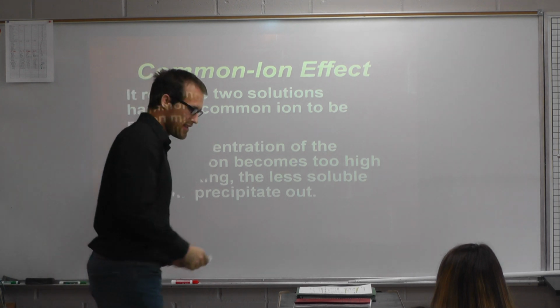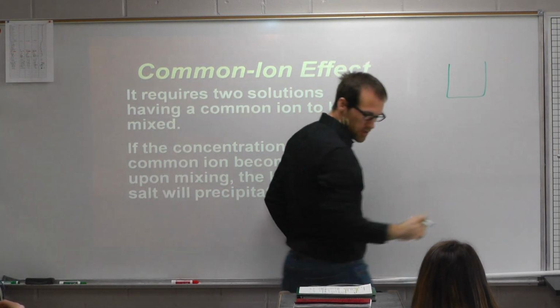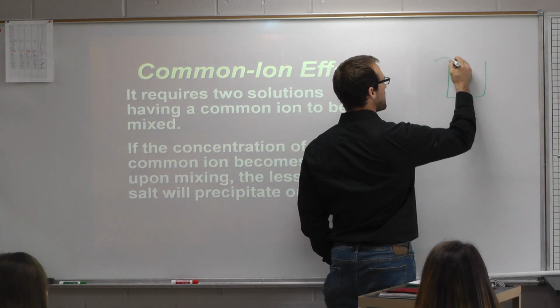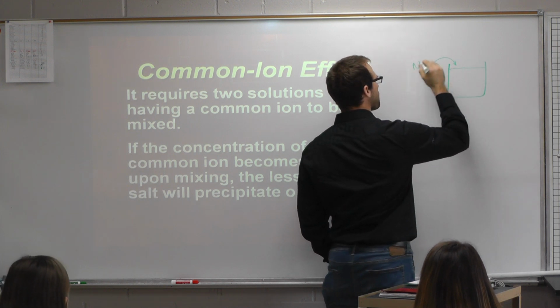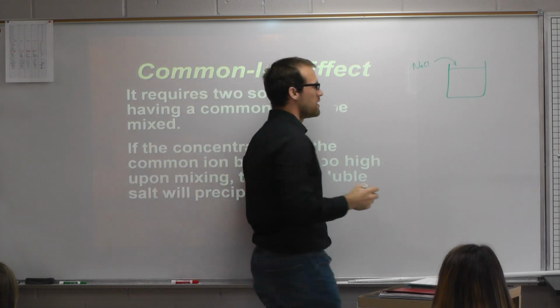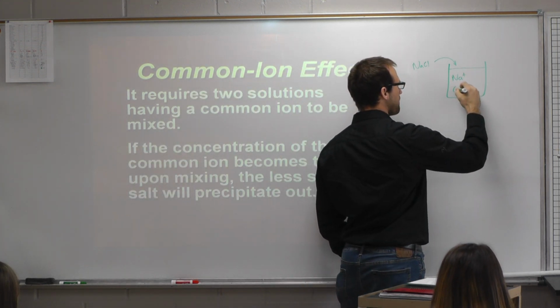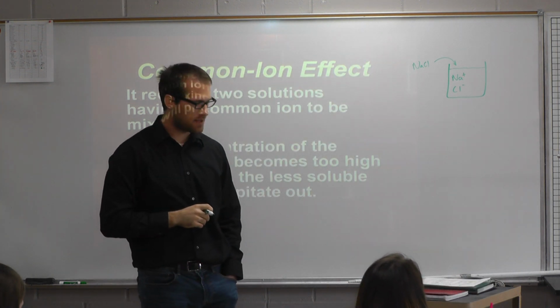So what this says is, let's say I took NaCl salt and I dissolved it completely in a solution. So I should have my ions, correct? Okay, those are my two ions.